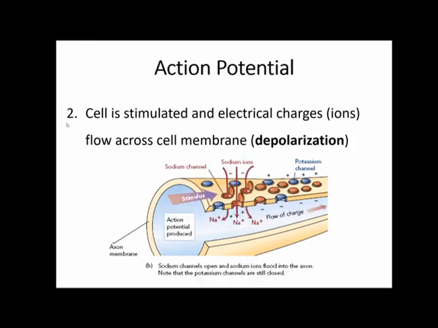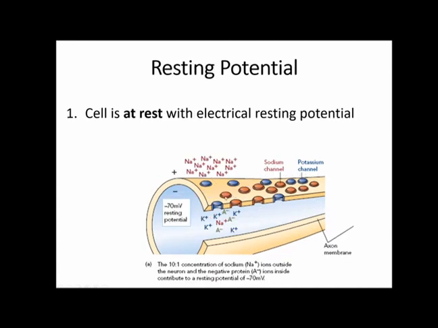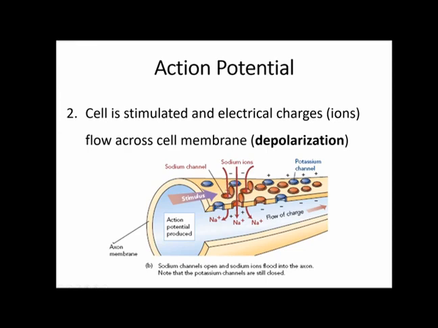If we enter stage 2 and our cell is stimulated, so there's some kind of stimulus, something is triggering this cell to fire, and that stimulus causes these sodium channels to open. So in our previous slide, they were all closed and all of the sodium was stuck outside. Here, the sodium channels open, and these channels only allow sodium to come into the cell.